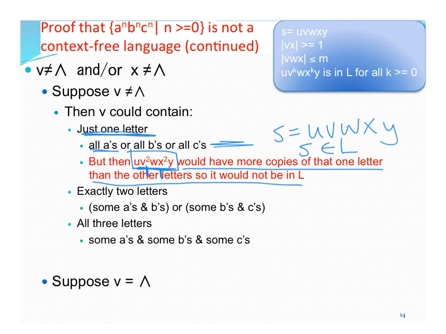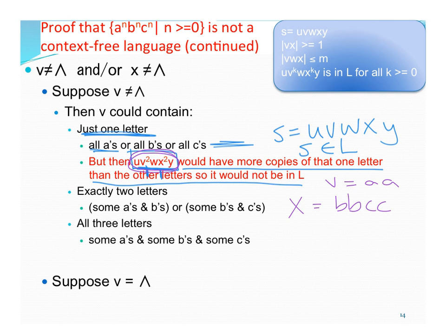The other option is it is possible that the other letters could be in X, right? So suppose that V had a couple of A's in it. If X has a couple of B's and a couple of C's, we could conceivably imagine that U, V squared, W, X squared, Y would have the same number of A's and B's. But then we have a different problem, right?